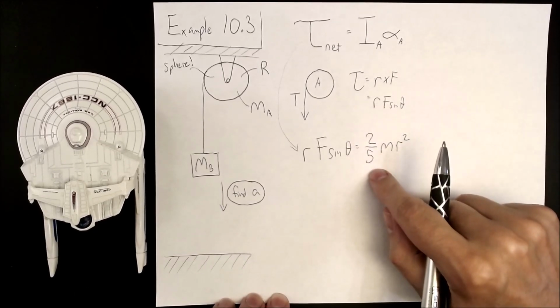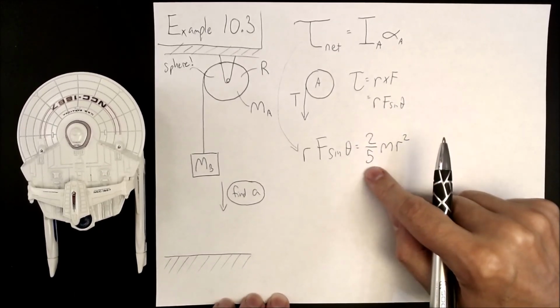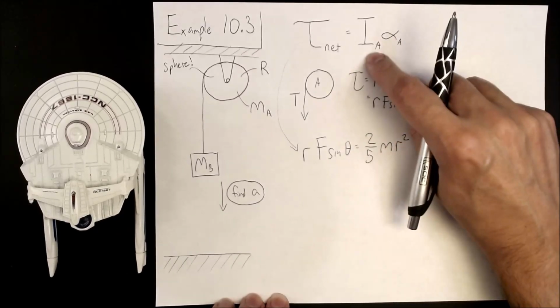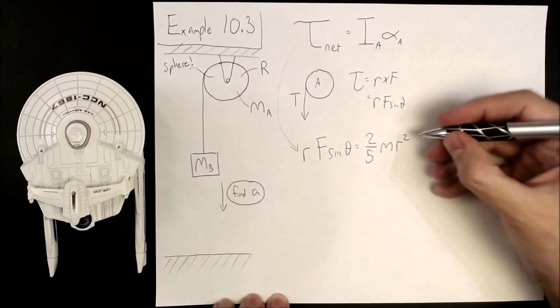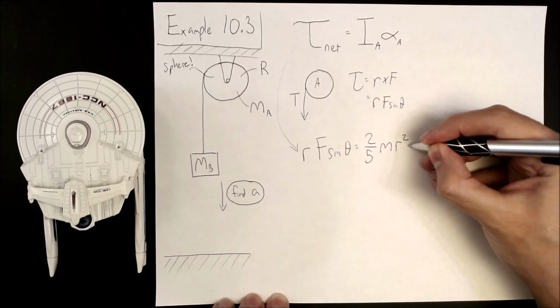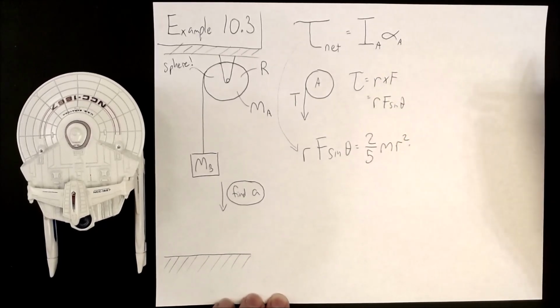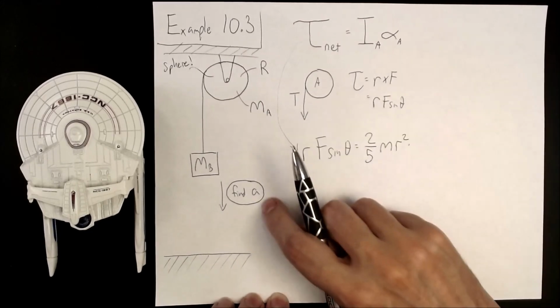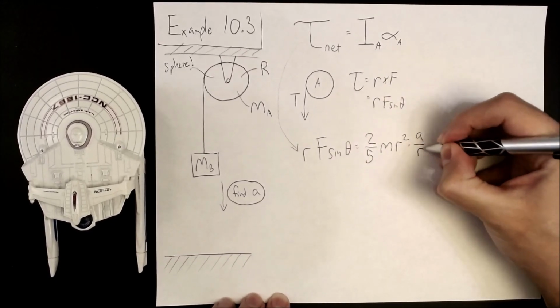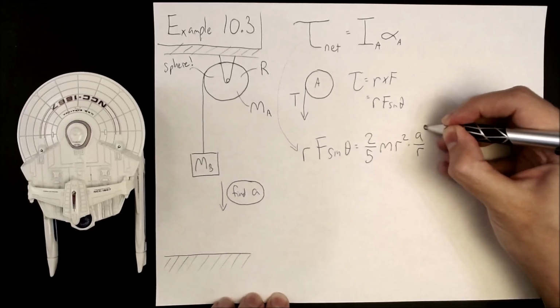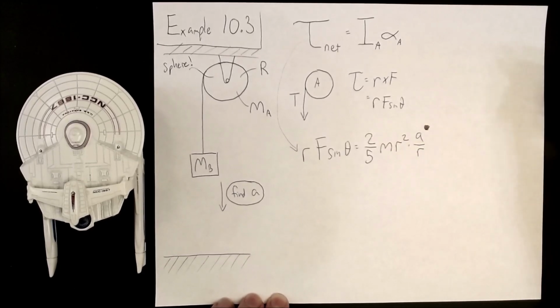Look that up in the book to get that 2/5. I is always mr squared, but there's always a different fraction out front. And the book has that table that I showed you. Times alpha. We don't really care about alpha. We're trying to find a. So I remember that alpha is equal to a over R, and, oh, not squared, a over R.